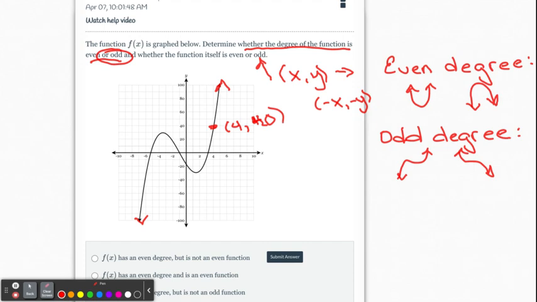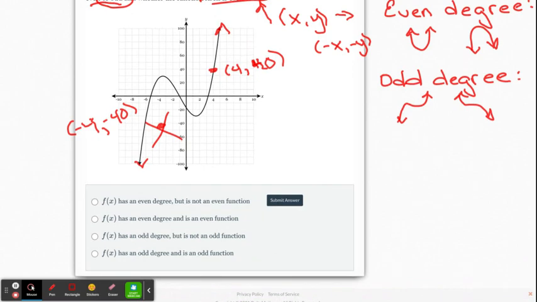If this was an odd function, we would have to have the point -4, -40. Let's see, -4. It's not there. So that means it's an odd degree, but the function itself is not odd.